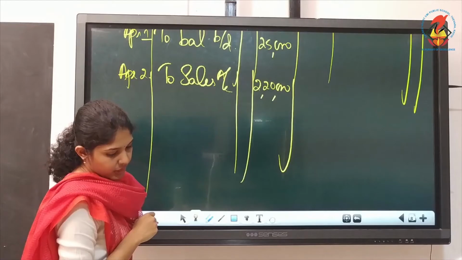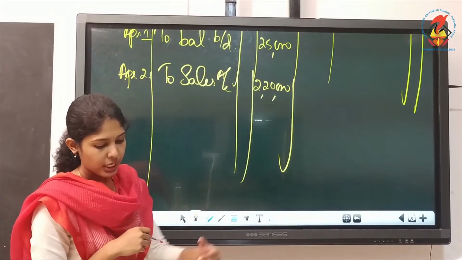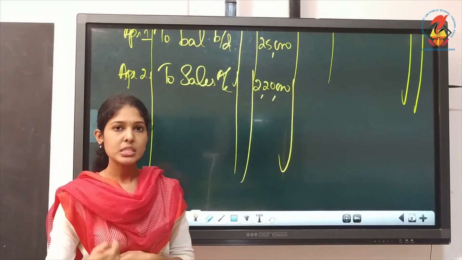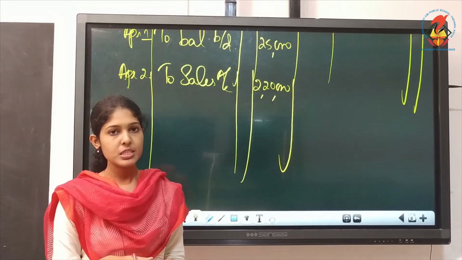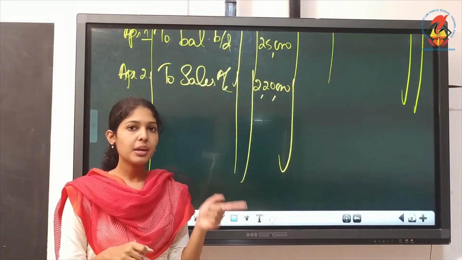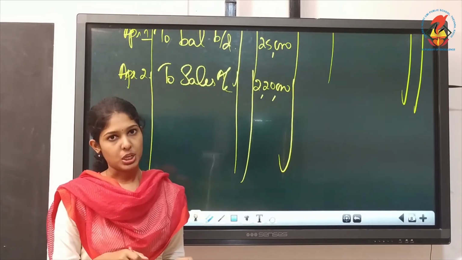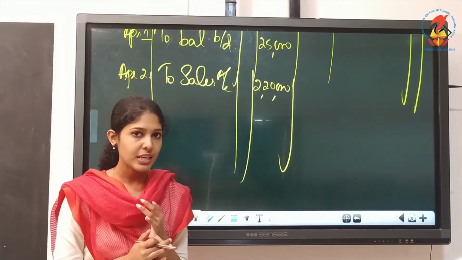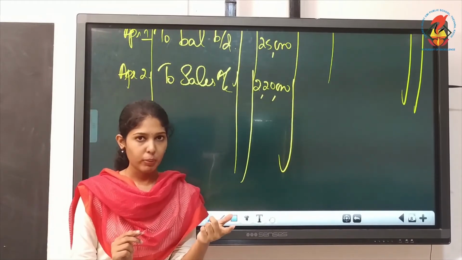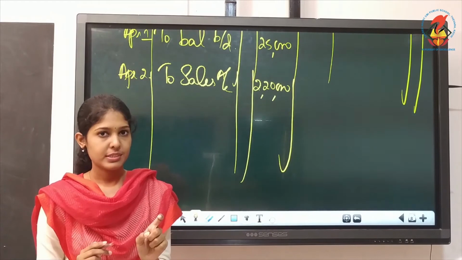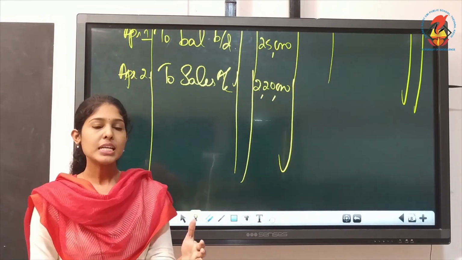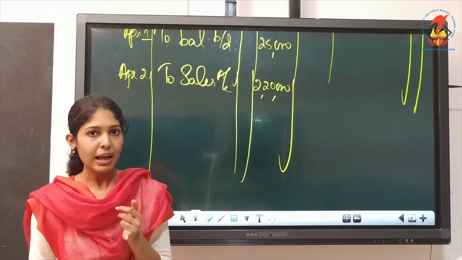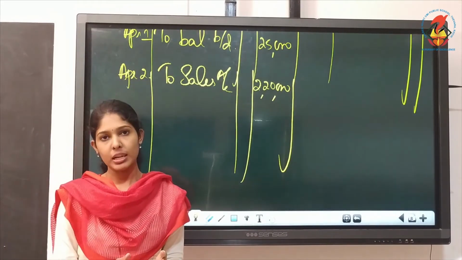Then April 3rd, deposited cash in bank. You are depositing it into bank, cash is moving out. So cash should be credited. Journal entry would be bank account debtor to cash account. Can we record this transaction? You remember in the previous question, we didn't record a transaction, that is paid rent by check. Because the entry was rent account debtor to bank, there was no cash in the journal entry.